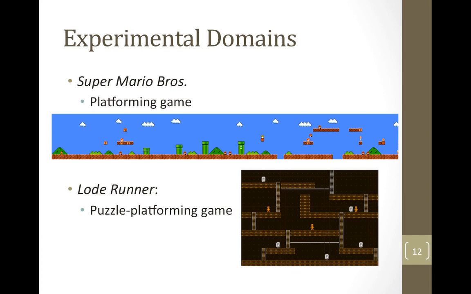For example, Super Mario Bros. requires pretty much linear paths through the level. You just need to make it from the left of the level to the right of the level. Whereas in Loadrunner, which is more of a puzzle type platforming game, you need to travel around the whole map, avoiding enemies, and collecting all these different treasures. So this results in much more complex paths through the level.